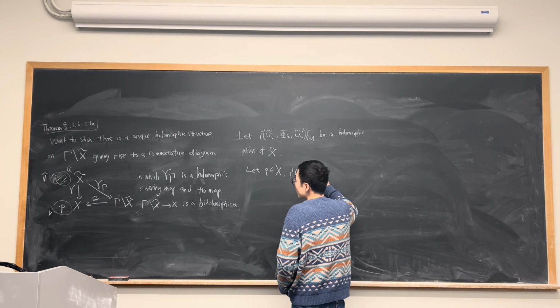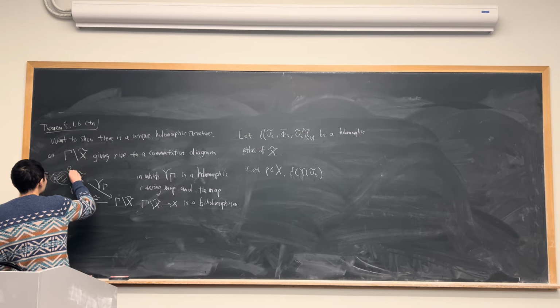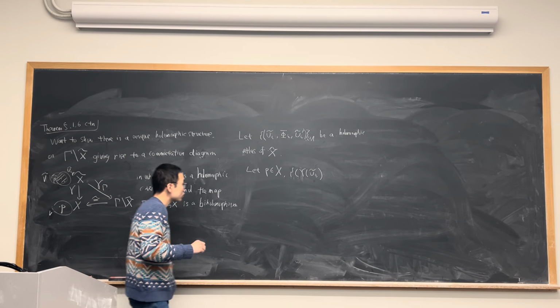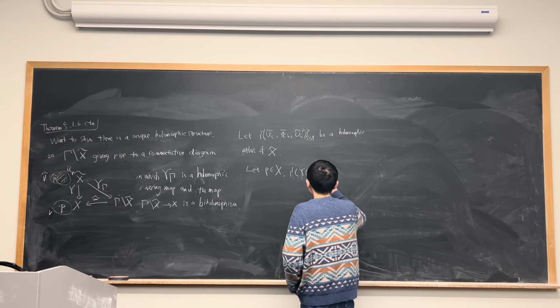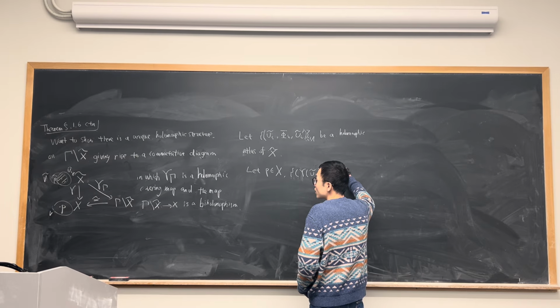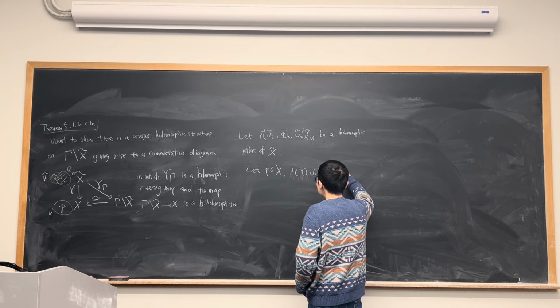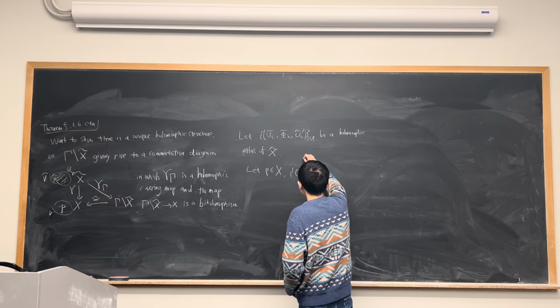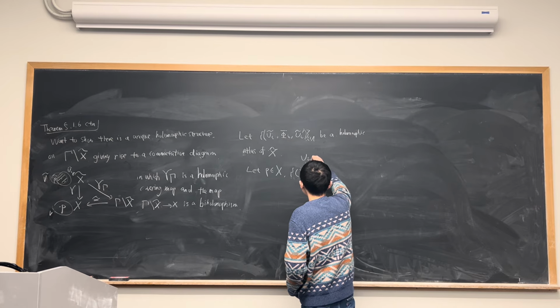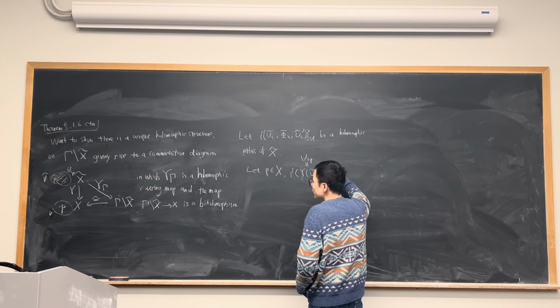So let's call this U_iP. And then let's say what is the map?